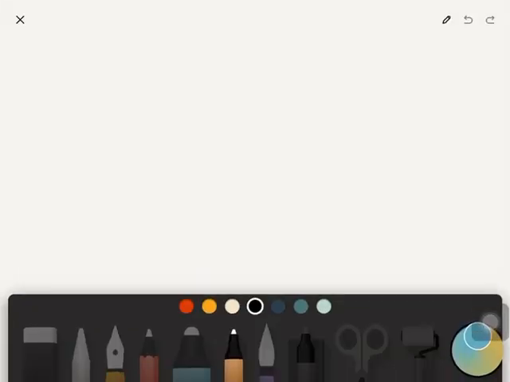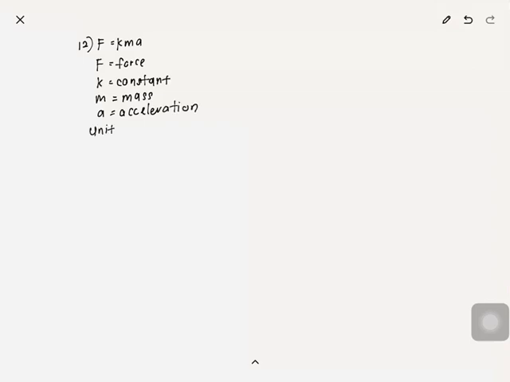Alright, and then we'll look at number 12. Number 12, F = kma. F is force, k is a constant which has no unit, m is mass, and a is acceleration.